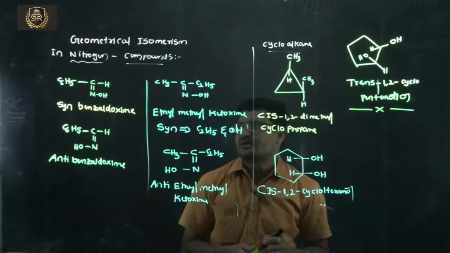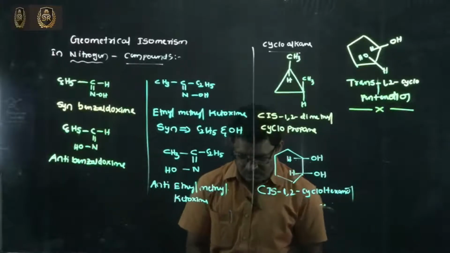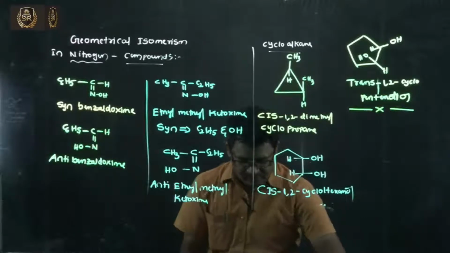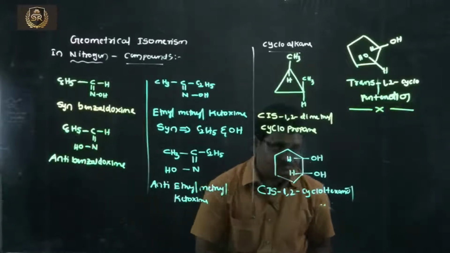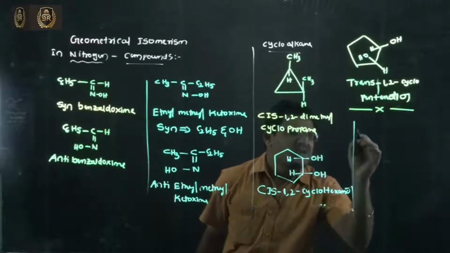So this is geometrical isomerism in nitrogen compounds. The next one, geometrical enantiomerism. A small topic.